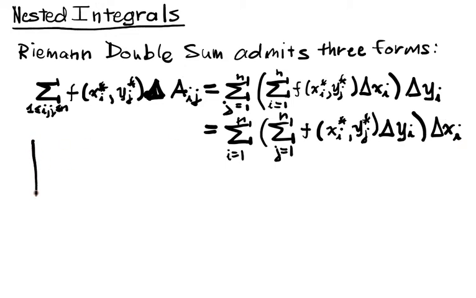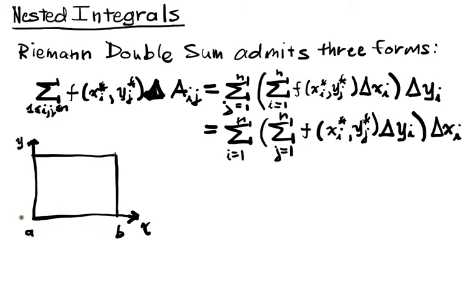And the picture is, well, I've got my rectangular domain. So this is the x direction, my y direction. This is from a to b, and this is from c to d. So I've got my rectangular domain, and I'm gridding it off when I construct those tagged partitions.